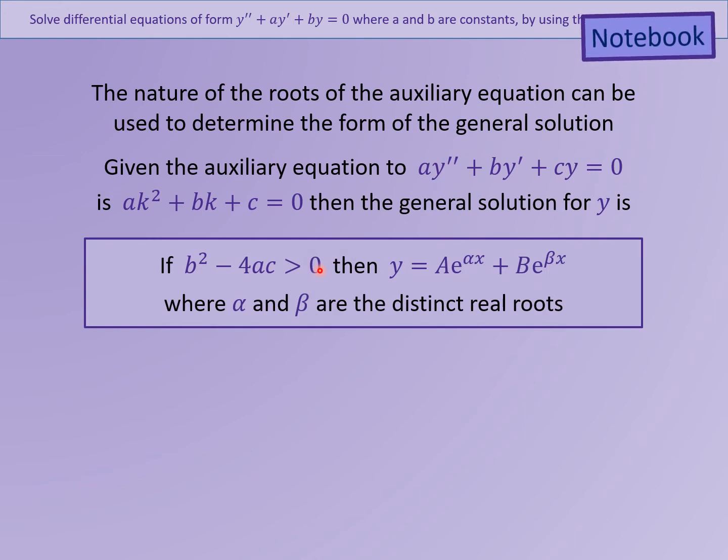Now if the discriminant comes out as a positive number, which we saw first of all, then the general solution looks like this: y equals a e to the alpha x, alpha being the first root, plus b e to the beta x, where beta is the second root. So just make a note of that in your notebook. That is the general form if it comes out as 2 distinct real roots.